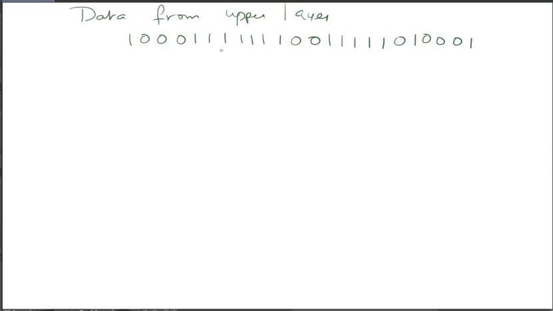We'll assume that this is the data which is coming from the upper layer.